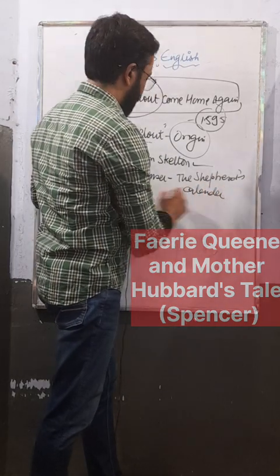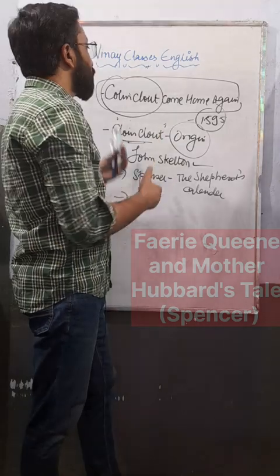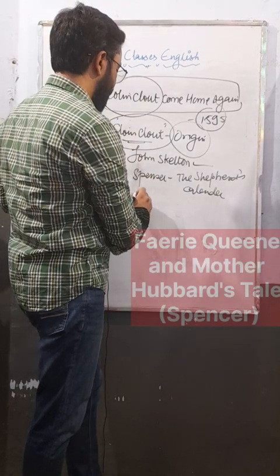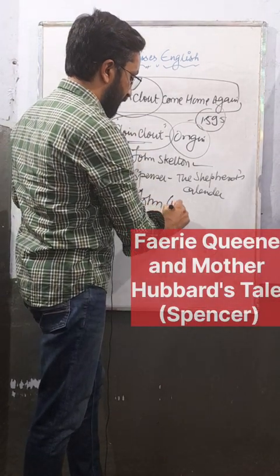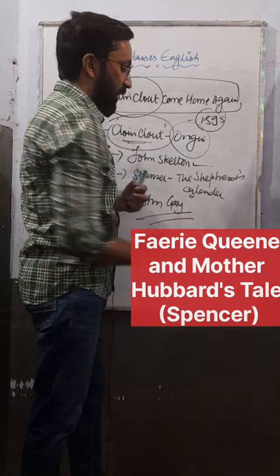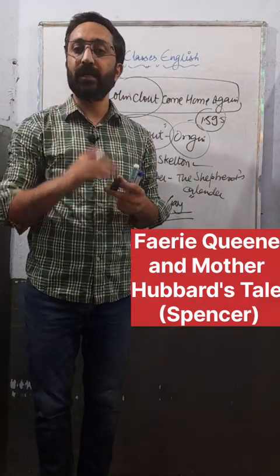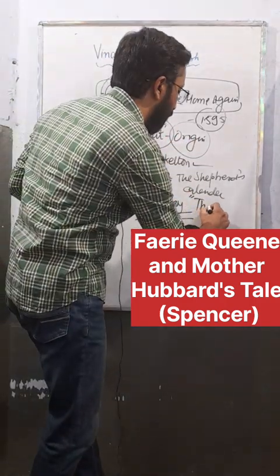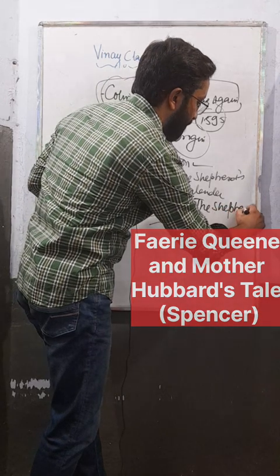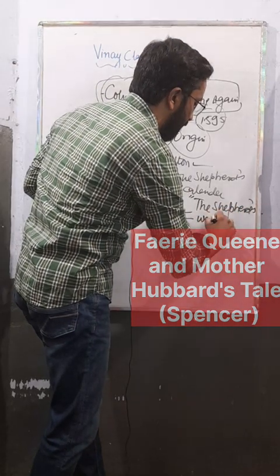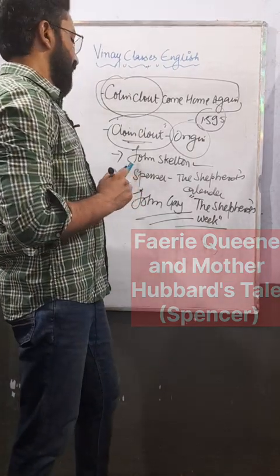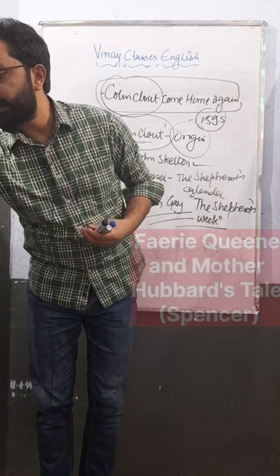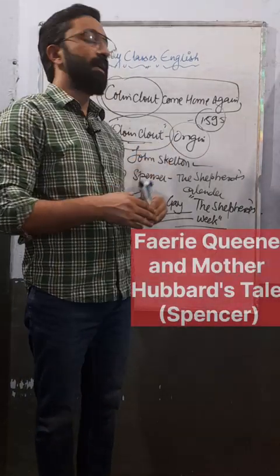And post Spenser, the character Colin Clout was used by John Gay. John Gay made use of the character Colin Clout in a work titled The Shepherd's Week. Very, very important. The Shepherd's Week is a work written by John Gay, who used Colin Clout as a character after Edmund Spenser and John Skelton.